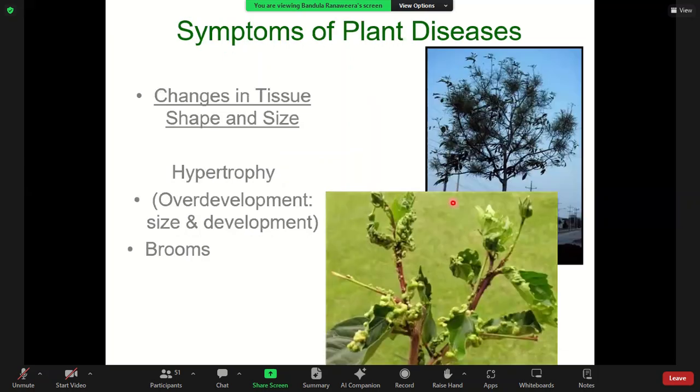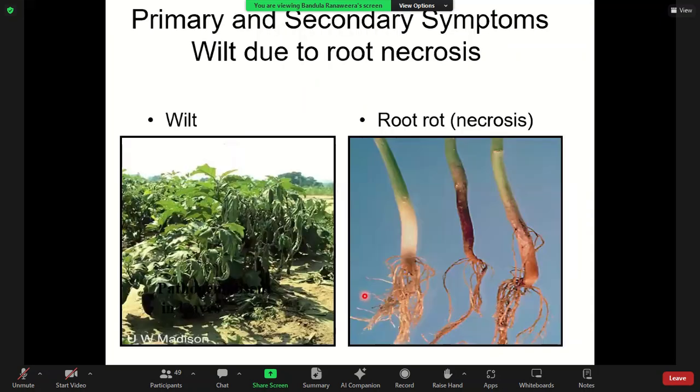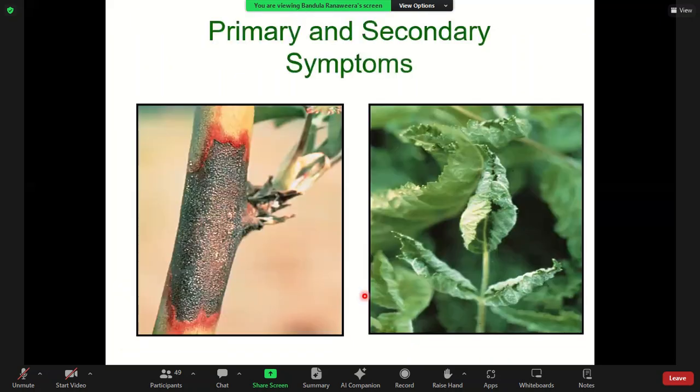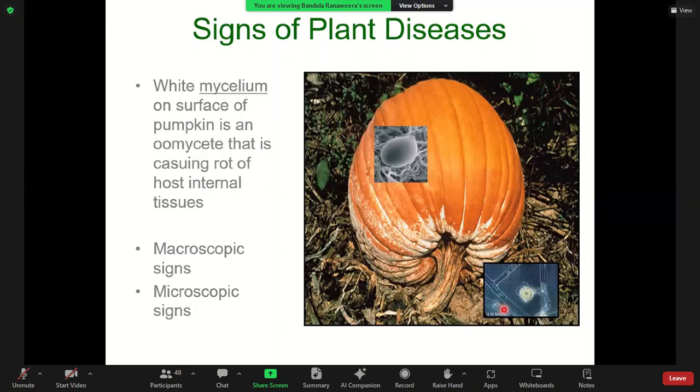So, for example, abnormal appearance, abnormal growth, abnormal shape, abnormal color, droopy appearance, all those are symptoms. But when we observe some organs, structures of the pathogen, we name them as signs of the pathogen.